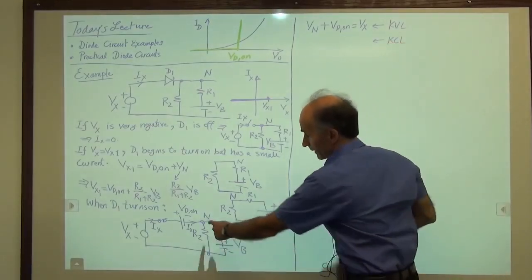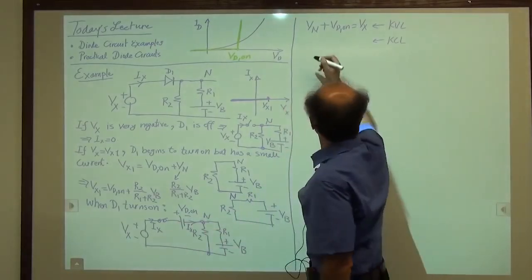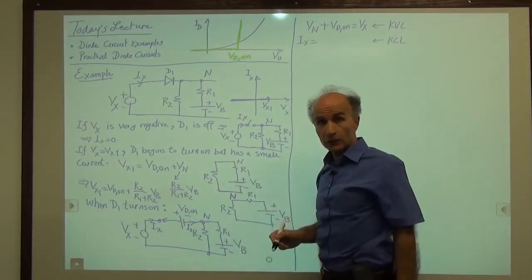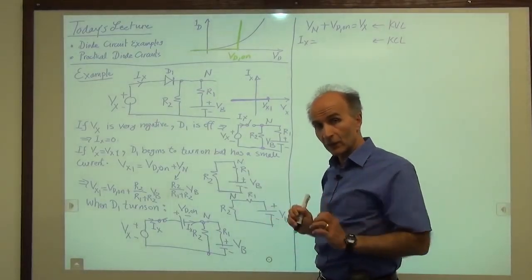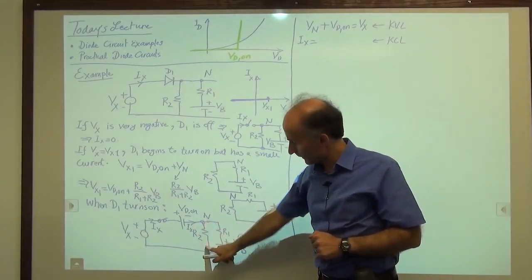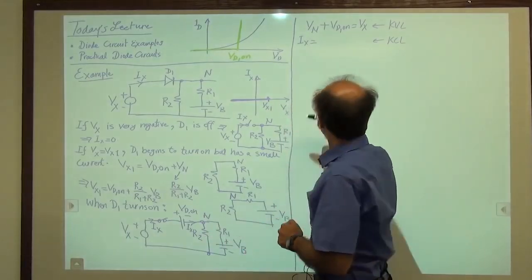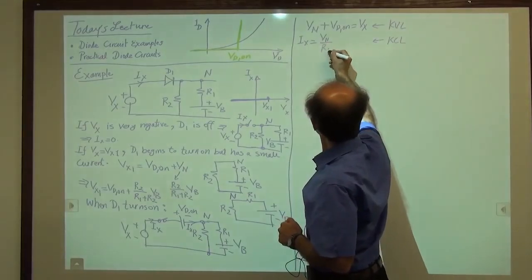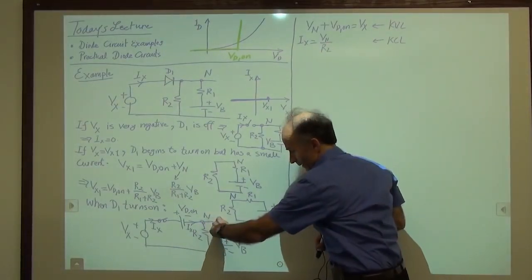The KCL at this node N is IX is coming in. It must be equal to the sum of the currents leaving that node, exiting that node. So one current is flowing this way. That current is Vn over R2. So that must be equal to Vn over R2 plus another current that's exiting this node, and that's this current.